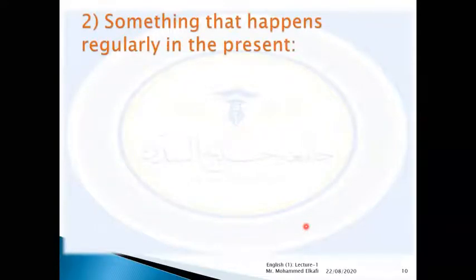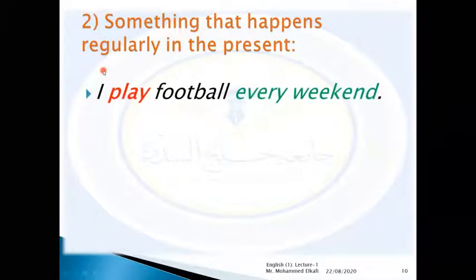The second usage: we use the present simple for something that happens regularly in the present. That means something that happened yesterday, happens today, and will happen tomorrow, for example, playing football.